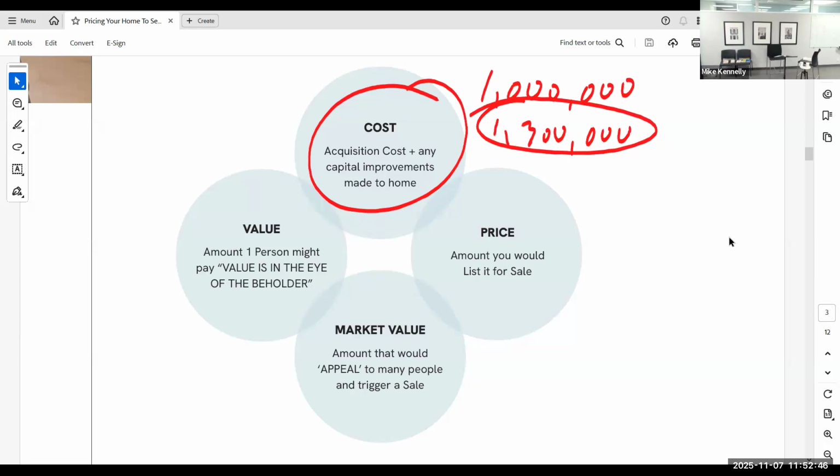Now, there's 3 other variables that factor into how market value is established. One is the value that one person would determine your house's worth. That's the buyer. And I say here, it's in the eye of the beholder. And there might be one person out there that is like, this is exactly what I dreamed and envisioned, everything, right down to the faucets you put in, those gold faucets. I want those.